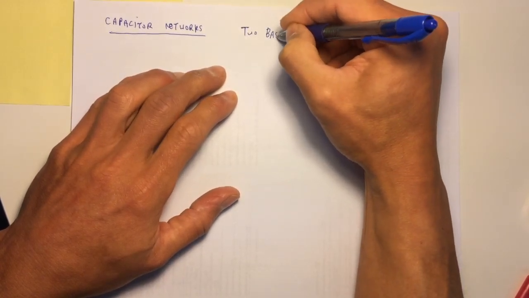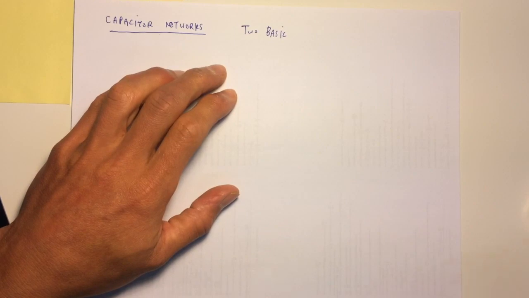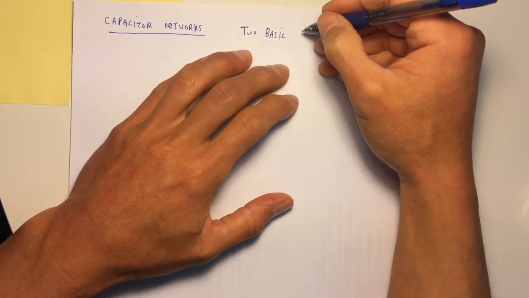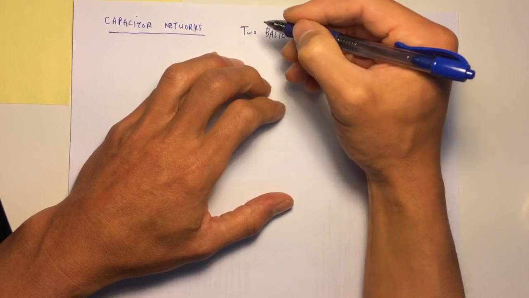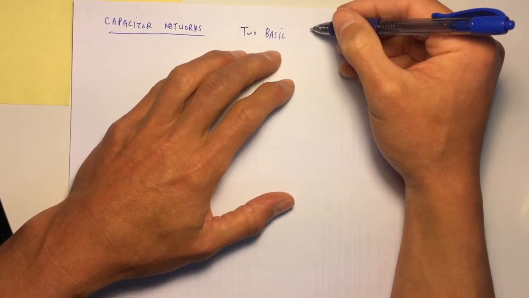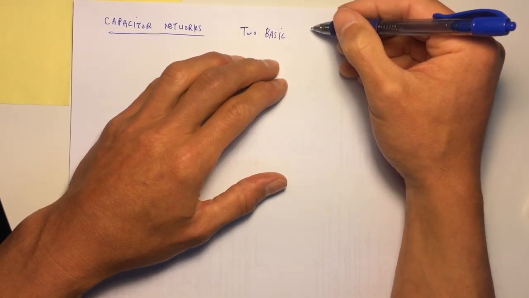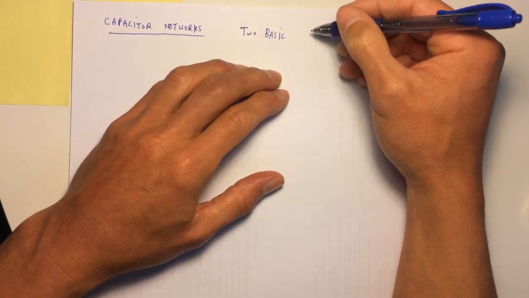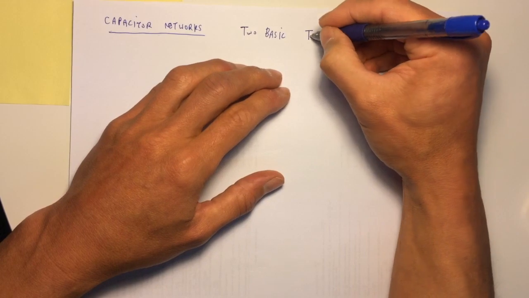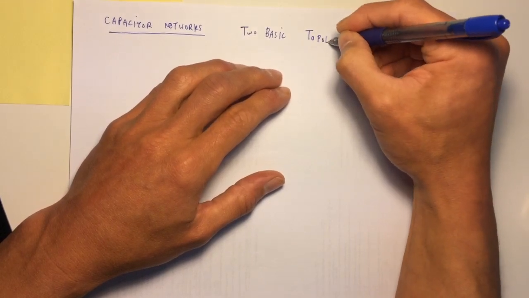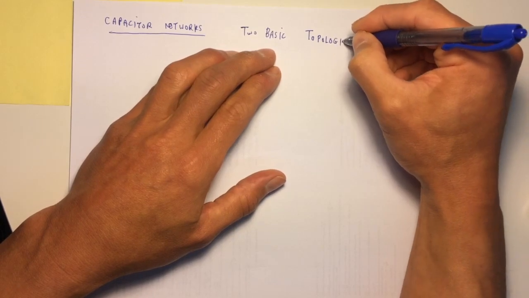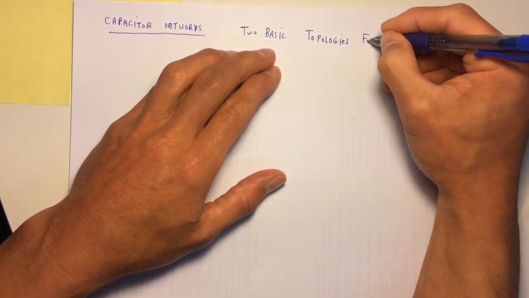I'm going to use a word that's actually very mathematical. It's got a pretty tidy mathematical definition, and if you want to look up the math definition of it, you can, but I'm going to use it here. There are two basic topologies for capacitor networks.